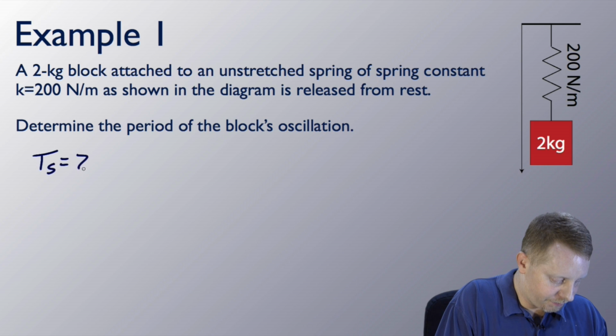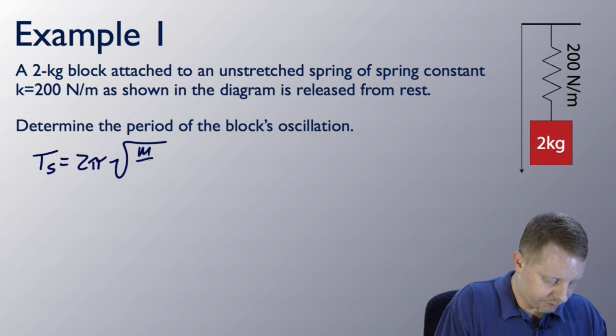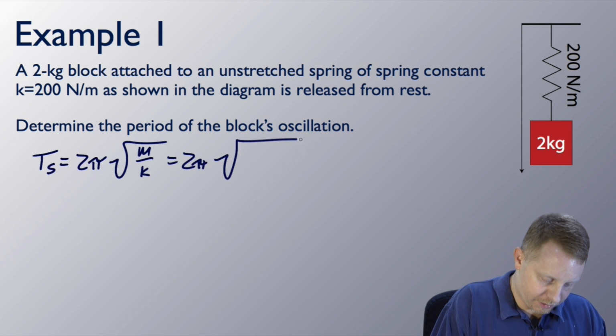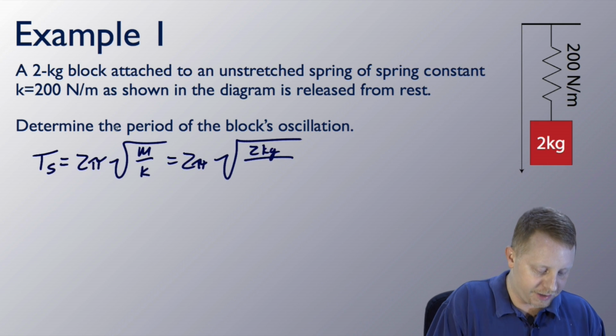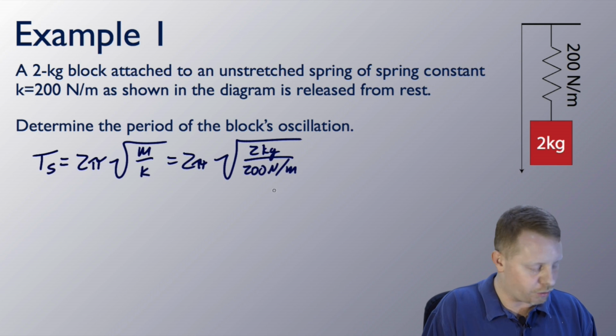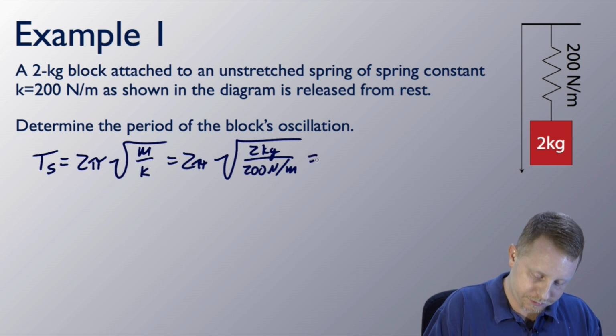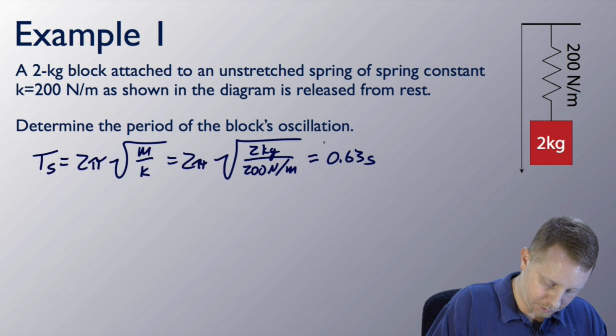Period of a spring, 2 pi square root m over k, which is 2 pi times the square root of a 2 kilogram block over our spring constant, 200 newtons per meter. So the square root of 1 over 100, which is going to be 1/10 of 2 pi, or 0.63 seconds.